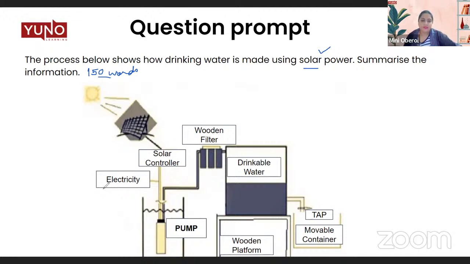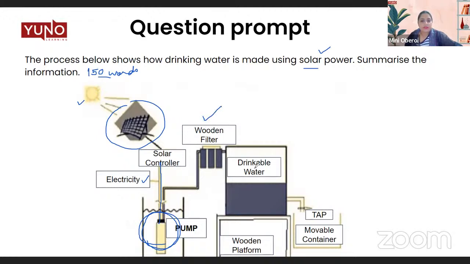What all do we observe here? The sun is there. We can see that there's a solar controller, right? And from the solar controller, there is this pump. So obviously the solar controller produces electricity. Then the pump starts working. Water is pumped from the ground level, isn't it? This is the water level. After pumping, this water is brought to the wooden filter.